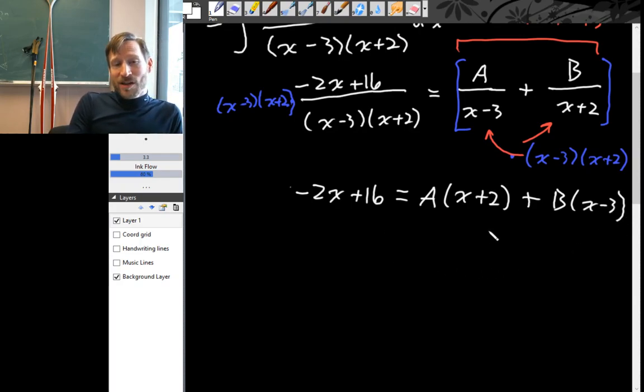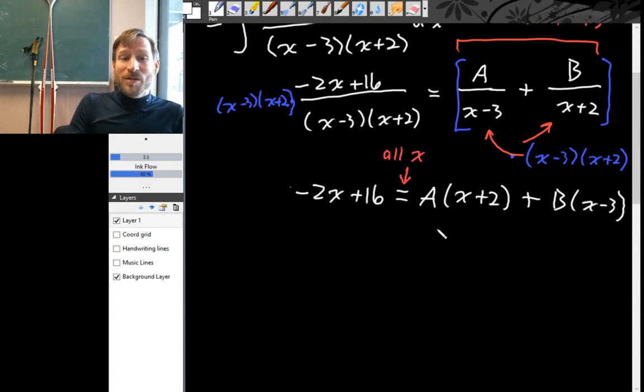It might look like there are too many variables to make any progress on finding A and B. After all, how do you find two unknowns when there's a third unknown and you only have one equation? Well, the key thing here is this equal sign in the middle is supposed to be true for all values of x.